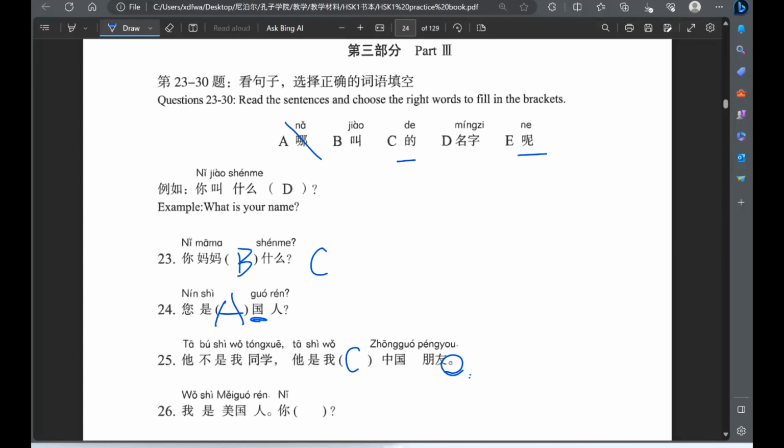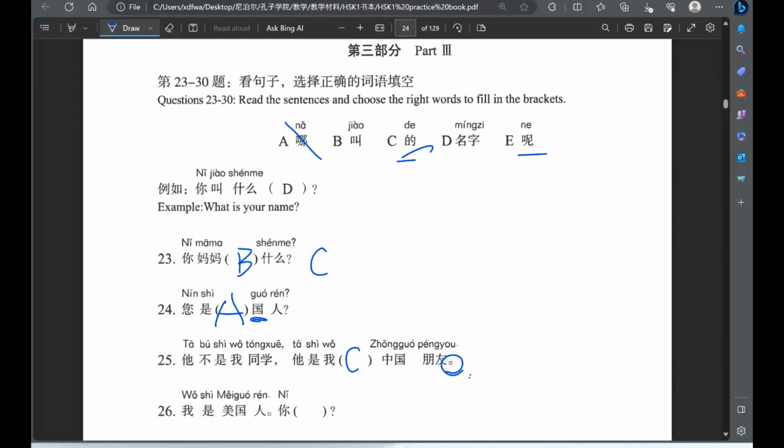Especially in talking, we want to make our sentences simpler and shorter, and we will omit it as well. Anyway, since here it is testing you about 的, we need to put 的 here, right? That's because 中国朋友 belongs to me, so we use 的 here.